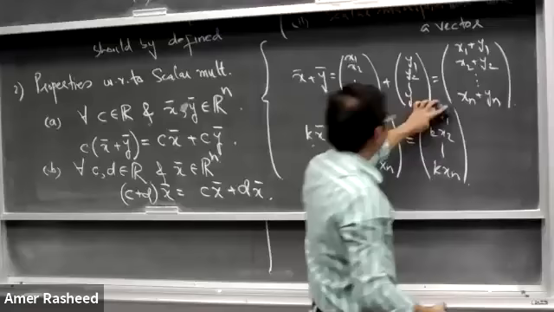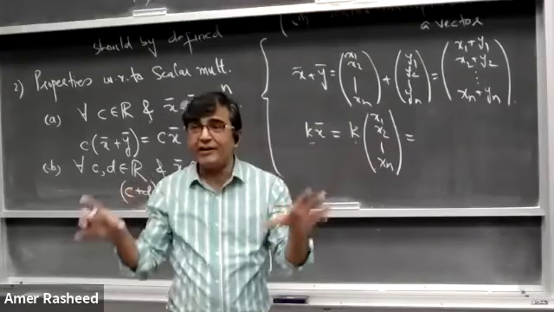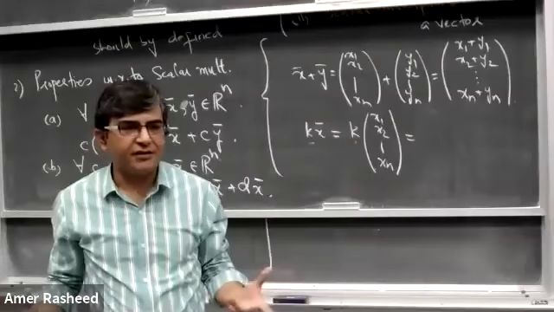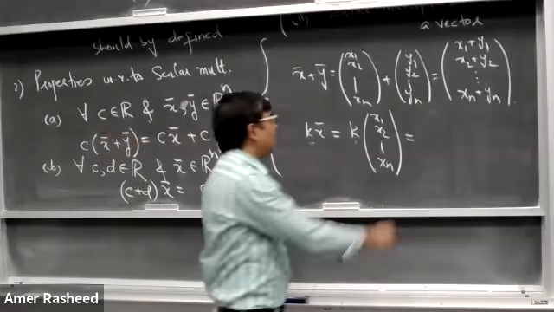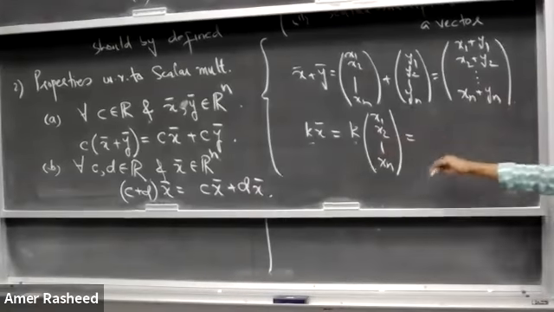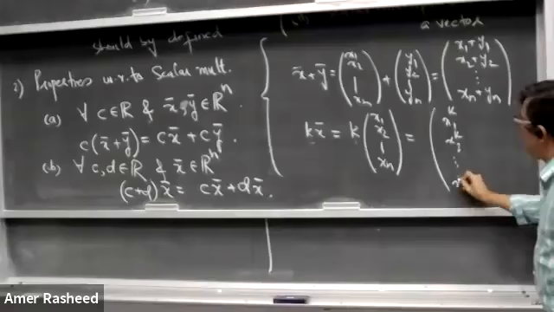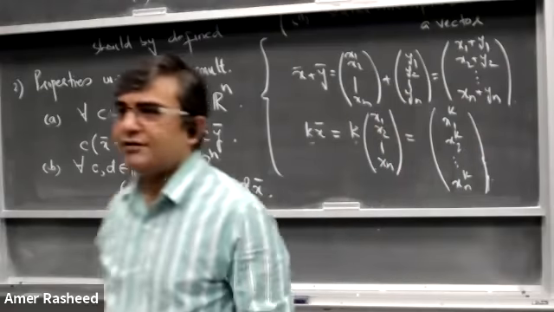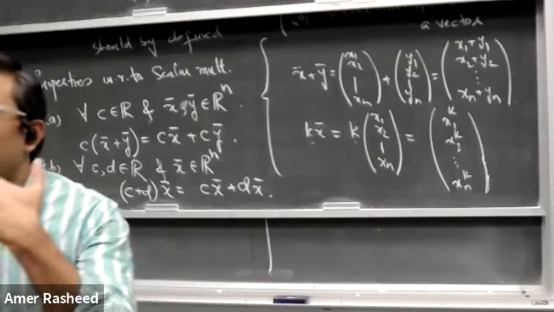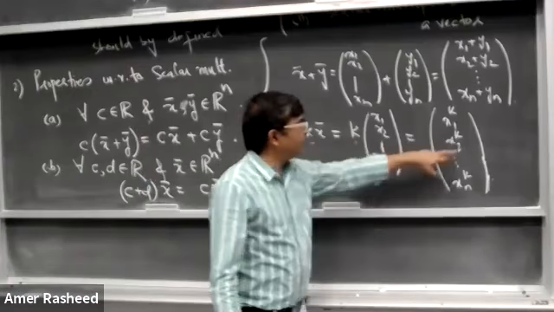I can change this definition, in fact. If I say we don't multiply a scalar with a vector in this way, this is the standard scalar multiplication, but one can change it. The definition can be changed according to your practical application. Now, I say that this multiplication is x1 power k, x2 power k, and so on, xn power k. This is how I multiply a scalar with a vector. It's my choice how I define the scalar multiplication. Then we'll use scalar multiplication in this way.